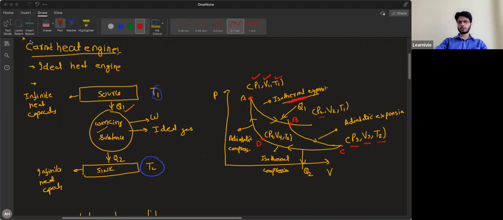Can I scroll if you all have written? Just a second. Okay, Adrian, if I asked you to calculate work done for the portion AB of the graph, how will you calculate work done for the portion AB?